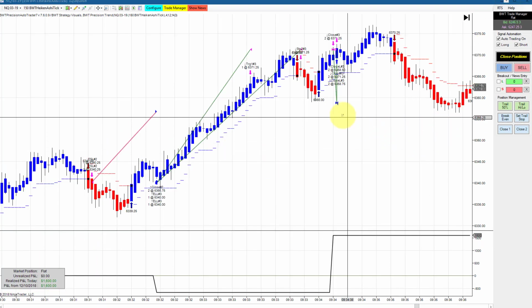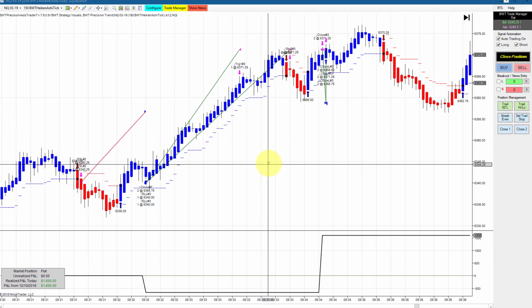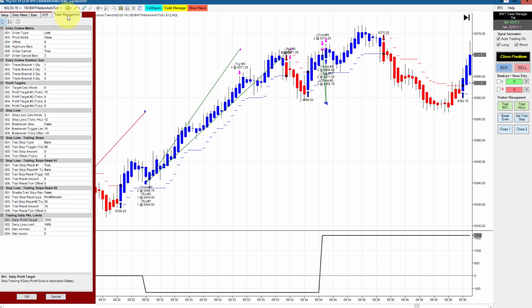Okay, the NASDAQ on a 150 Heikin-Ashi tick chart. I noticed the other day when I plotted it that it had taken a lot of trades. So what I did on this is I actually reduced the goal to 1250 from something like 2000 or 2200, and it's a limit order with a 6-tick pullback, and I think I also increased the profit targets.